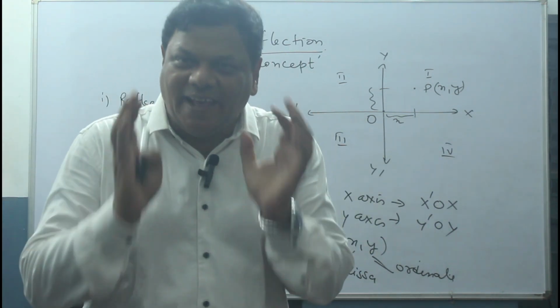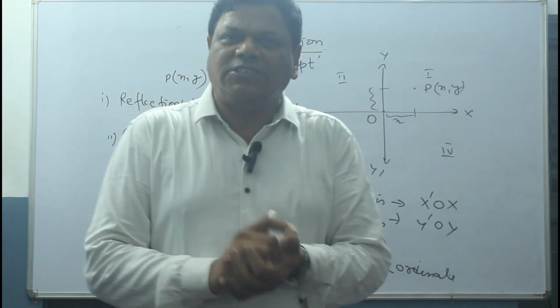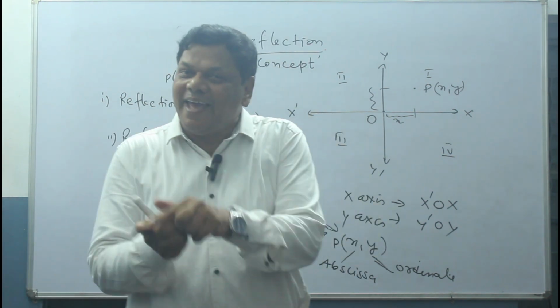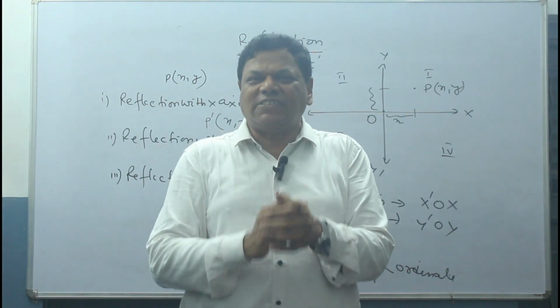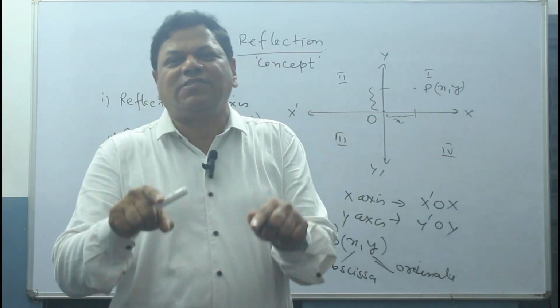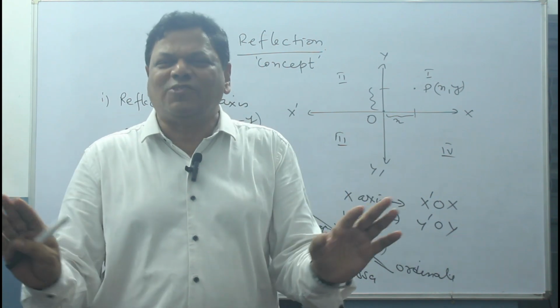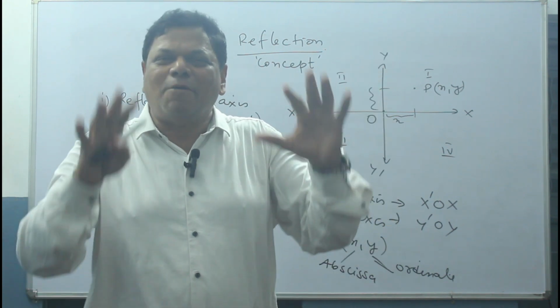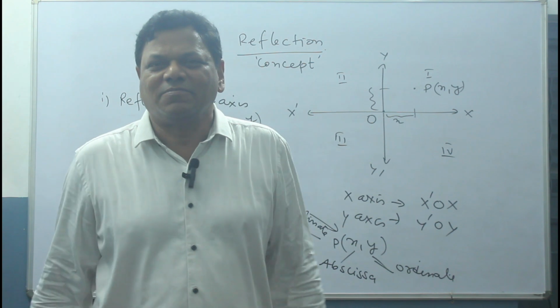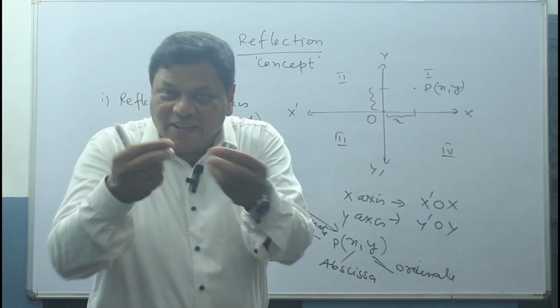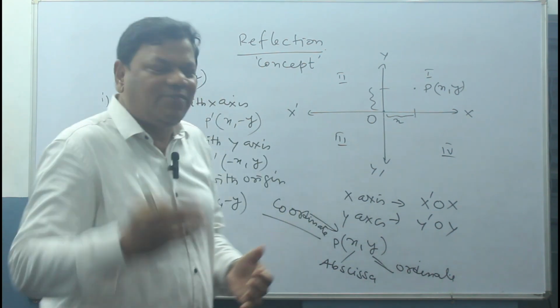Whenever reflection with x-axis, the y sign changes. Reflection with y-axis, the x sign will change. Reflection with origin, both signs will change. Clear? If you remember only these 3 points, you can clear 50% of the reflection chapter. Some more tricks I am going to give now, please stay with us.